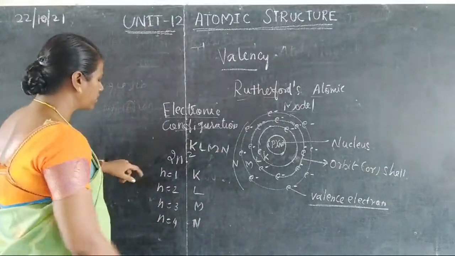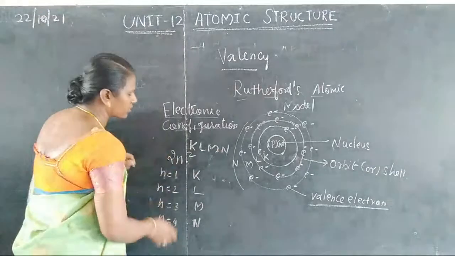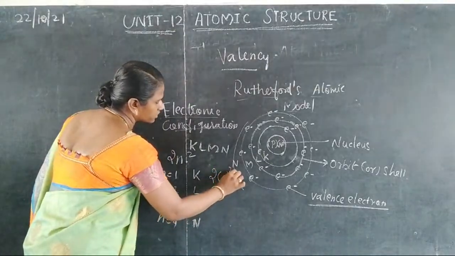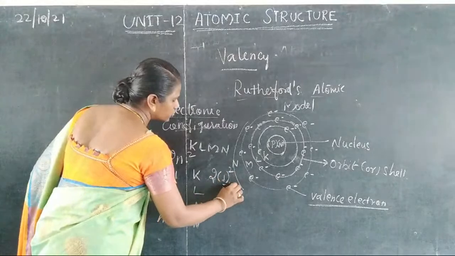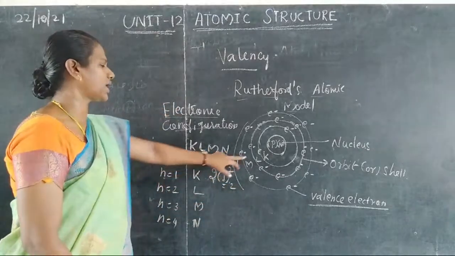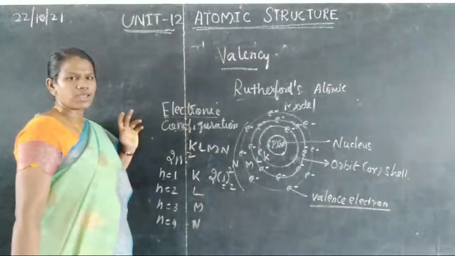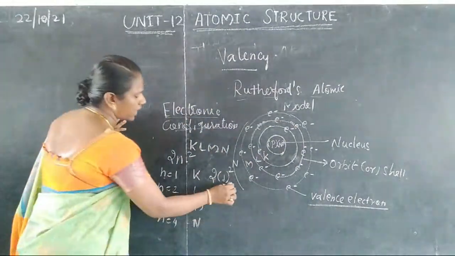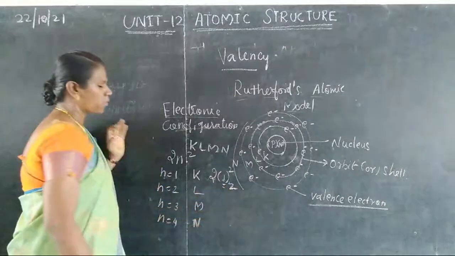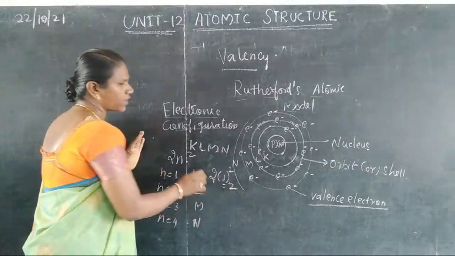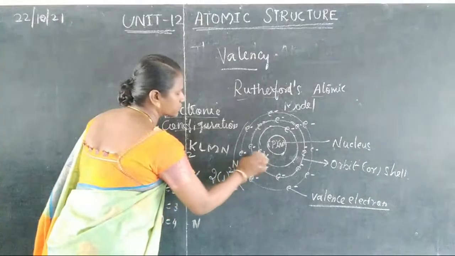If we substitute the n value in the formula 2n square, 2 into 1 the whole square, we get 2. So in the K shell, 2 electrons can be accommodated. Only 2 electrons can occupy the K shell.